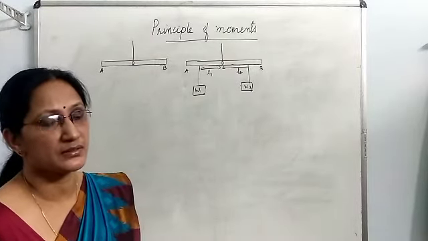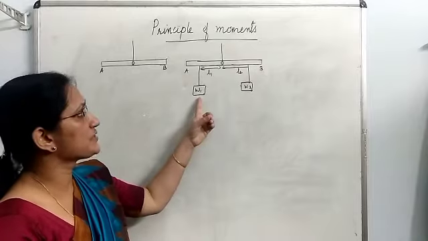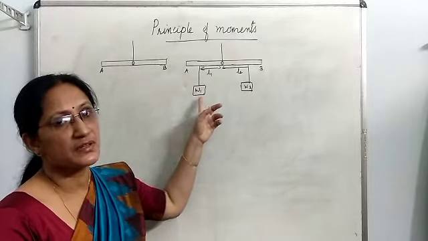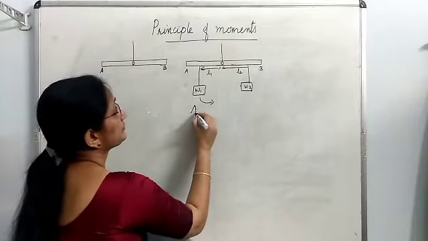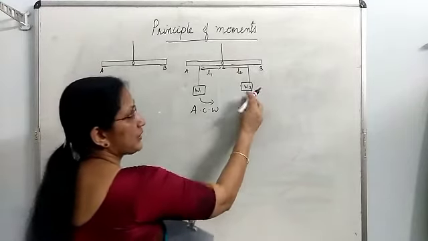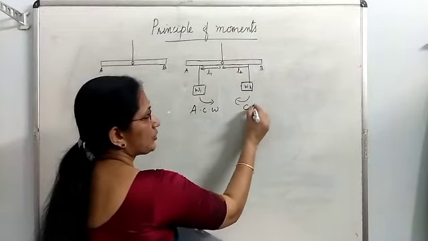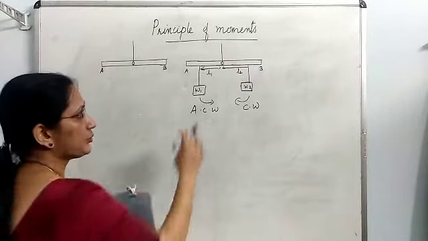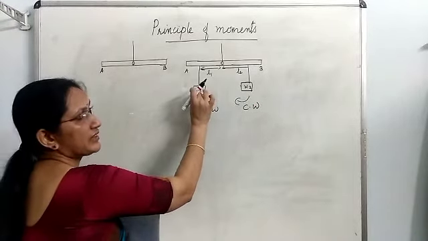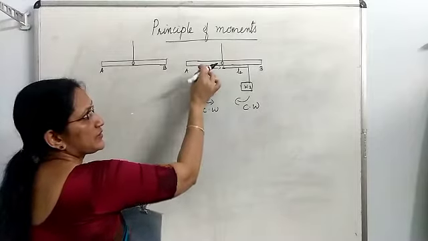What can be the reason? This weight W1 produces some anti-clockwise moment, and this weight W2 produces some clockwise moment. Then you can calculate the moments. This weight hanging here is W1, perpendicular distance is L1.